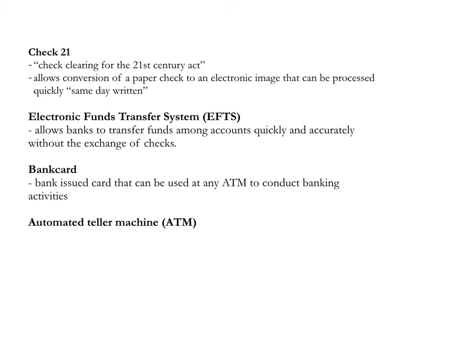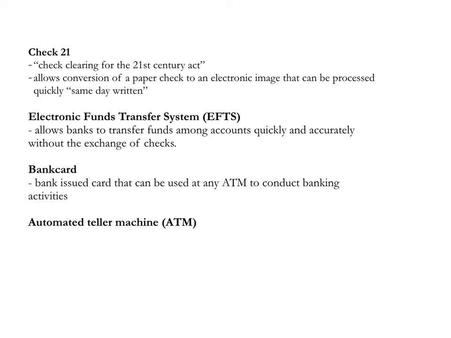A few terms as we close things out today. The term Check 21 refers to the Check Clearing for the 21st Century Act, which is an act that allows the conversion of a paper check to an electronic image that can be processed quickly or the same day that it was written. So it allows for quicker transactions.